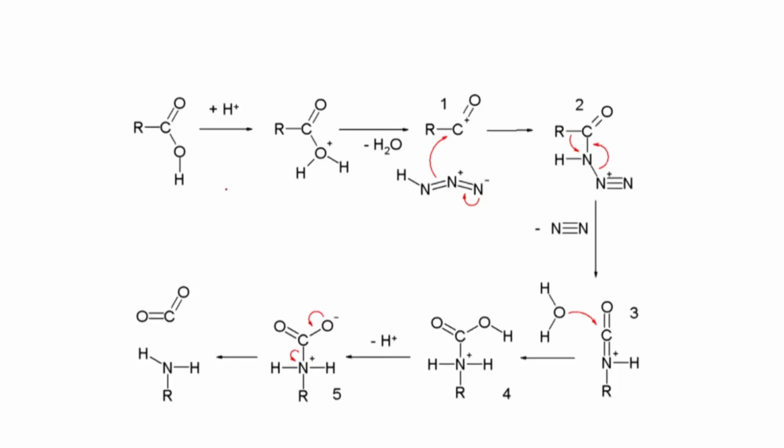So the carboxylic acid, in the presence of H plus, forms this protonated carboxylic acid, which can lose water to produce an intermediate such as this, which we have already looked at in the previous Friedel-Crafts reaction. And now the interesting reaction here is between the azide and this carbonyl compound.